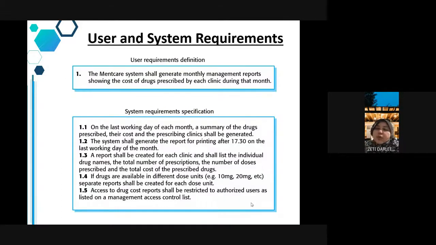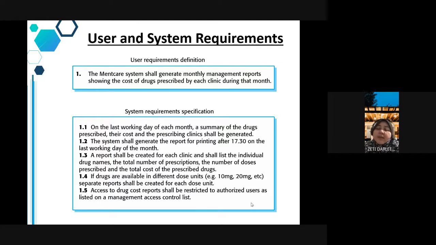Alright, ini adalah contoh how we write lah inside the requirements documents. Yang mana satu untuk user dan satu untuk team developer. So contoh ayat ataupun the writing style yang kita akan gunakan adalah ada dekat sini. So meaning contoh dekat sini, user requirement definition one, referring probably the process that we agree upon: the Mentcare system shall generate monthly management reports.